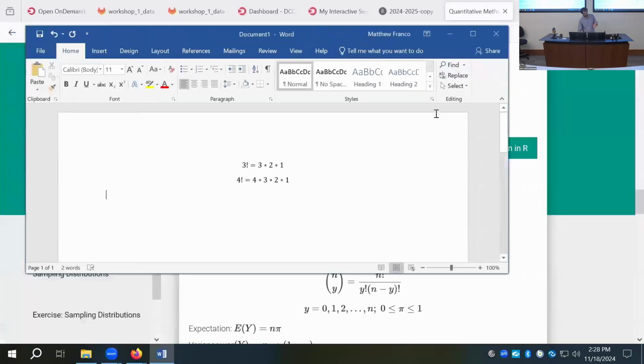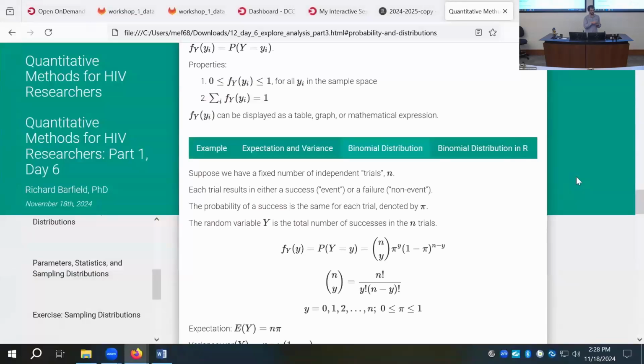And so this is kind of a way to divide up, because once you get into, say, 10, there's multiple different ways, right? You can get 5 out of 10. Like the first 5 could give you a heads, then the next 5 could give you tails. The first one could give you a tail, and the next 5 give you heads, and so on. So this is kind of a way to calculate and quantify that.